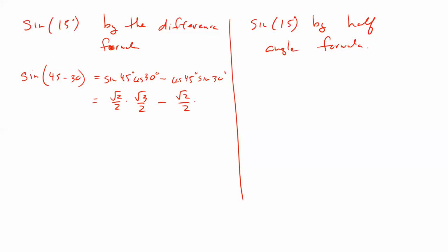I like 45 degrees because it's always going to give you square root of 2 over 2. Sine of 30 has to be the other way around. So if cosine is root 3 over 2, sine has to be 1/2. Multiply these guys together. Voila, over 4. And I guess I should write it down here. Final answer, square root of 6 subtract square root of 2, all that divided by 4.